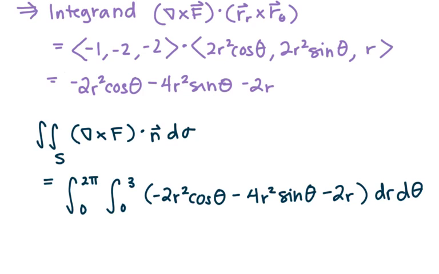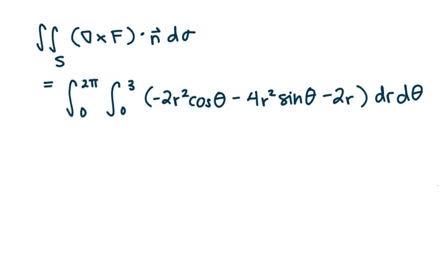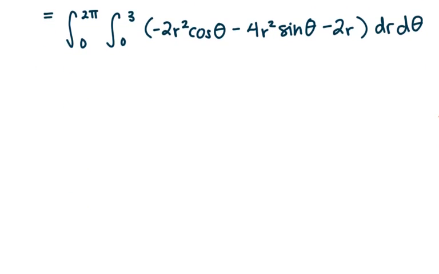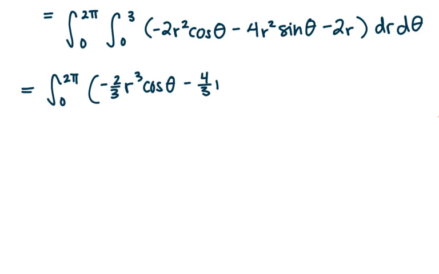And now that we've moved past all of that, now we just have a very easy integration. So first let's integrate with respect to r. Got 0 to 2 pi. That's going to be negative 2/3 r cubed cosine theta minus 4/3 r cubed sine theta minus 2, I'm sorry, that'll just be minus r squared.